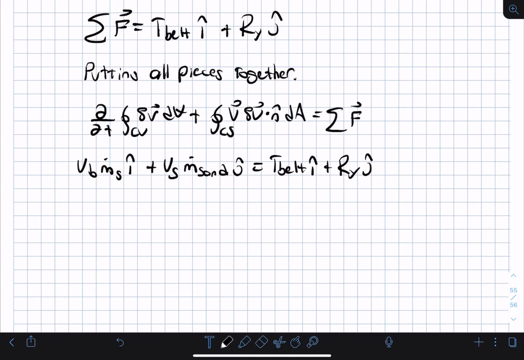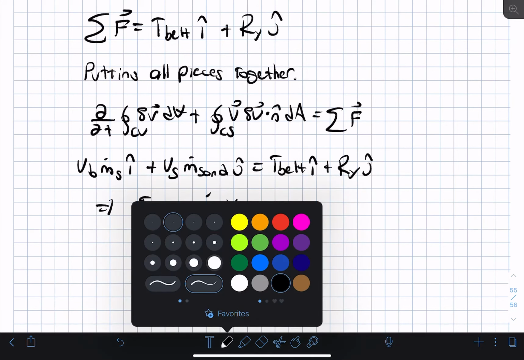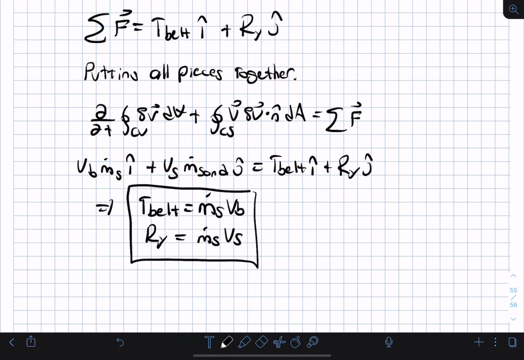And this is a vector equation, so we can gather components, and we find that the belt tension is equal to the mass rate of the sand times VB, the belt velocity, and the reaction force is equal to the mass rate of the sand times the velocity of the sand falling through the top. Okay, and so that is basically what this turns into.